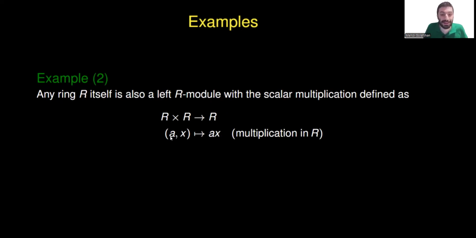So just take (a, x) going to ax. This is simply the multiplication in R, because it is a ring and has addition as well as multiplication. So with this structure, R is always a left R module. Let's go to the next interesting example.